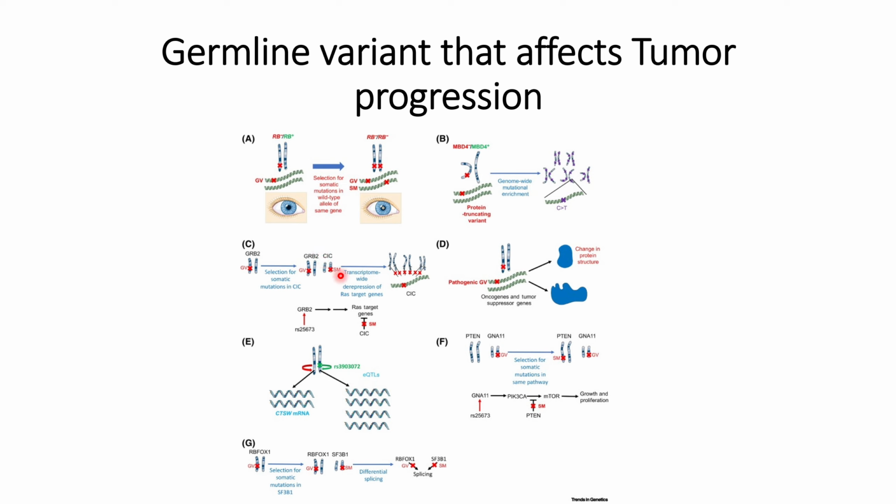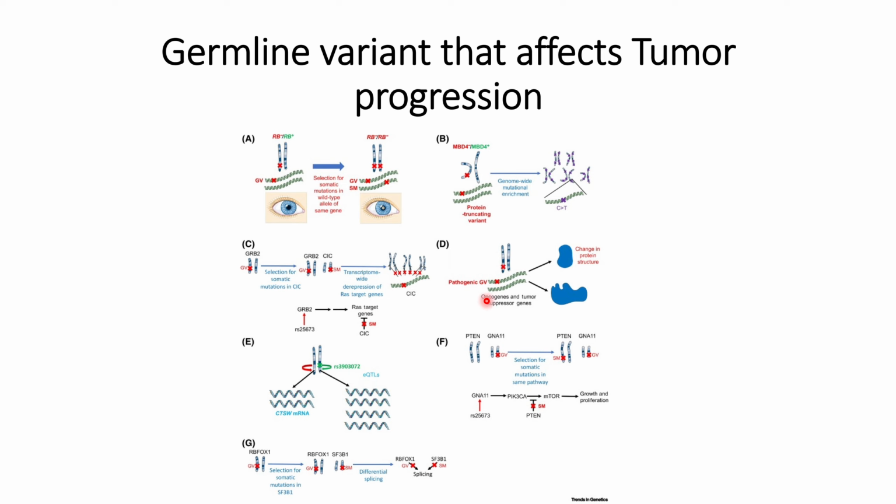It does this through this pathway: the germline variant in GRB2 will lead to the upregulation of the RAS target genes, and this upregulated RAS target gene will prevent CIC, or we can say somatic mutations of CIC will occur because of the upregulation of RAS target genes. RAS target genes are also related to tumor growth.